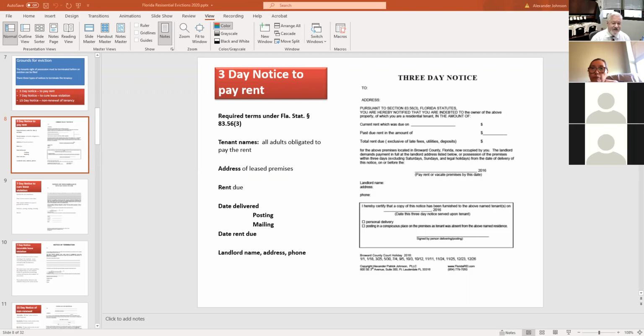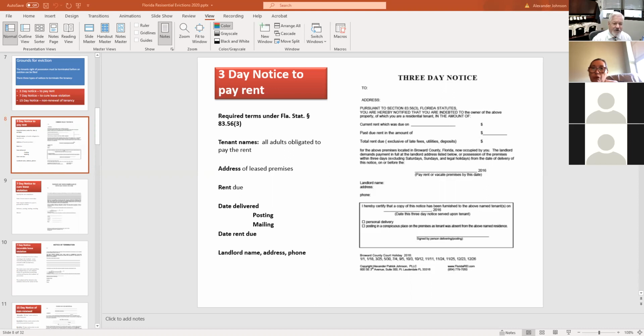So in that case, you're just going to list the tenant as unknown occupant. So if you're buying a bank-owned property that's already inhabited and it appears that this person is a tenant, then you'll have to try to figure out what the rent is and name them on the 3-day notice.